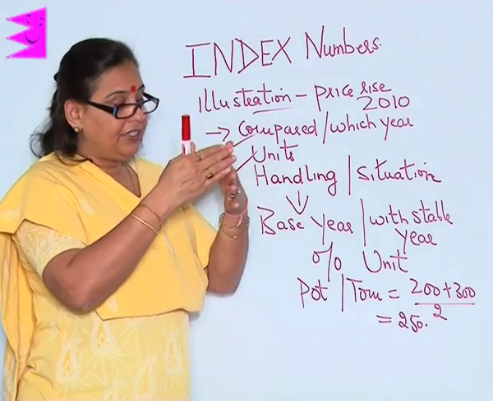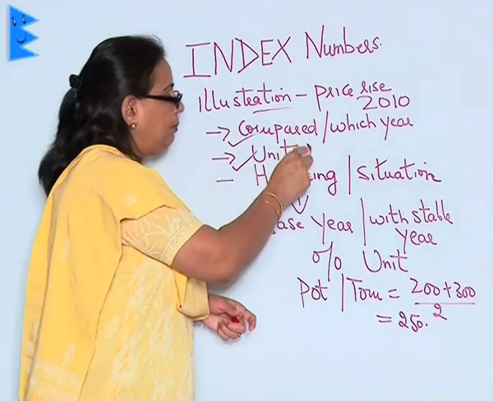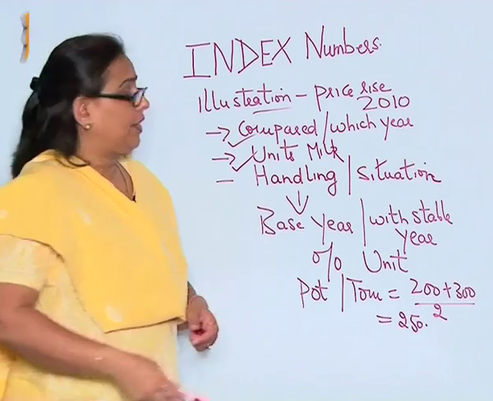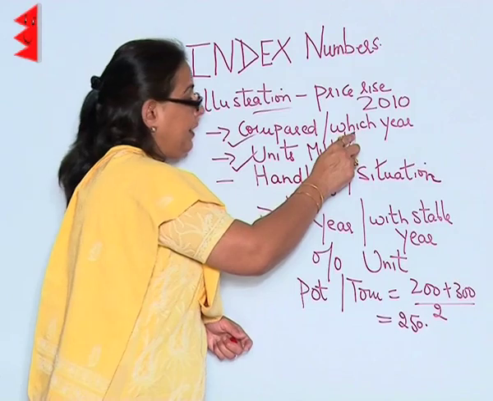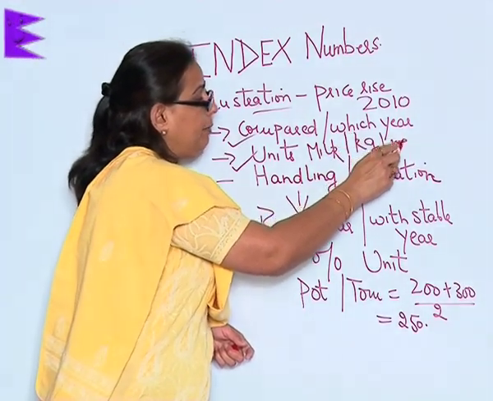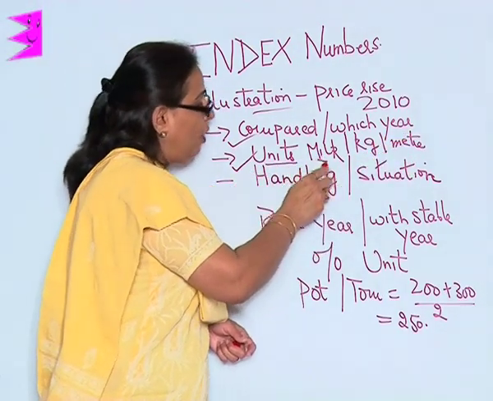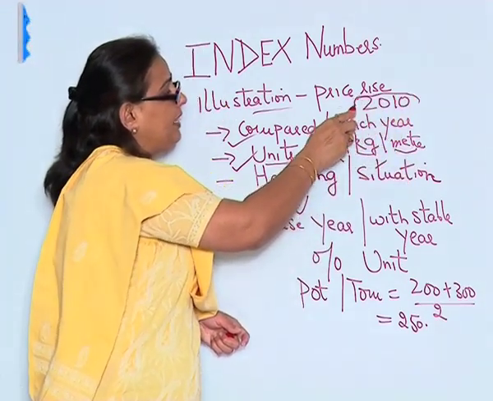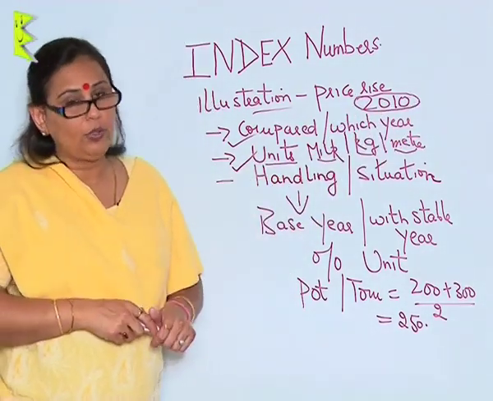When I talk of milk, I have to take the unit as liter. When I talk of vegetables, I am going to talk about it in kgs, and when I talk about cloth, in meter. So, these will be different units for different products, and I am calculating the price rise of a particular year. The example that I picked up is 2010.